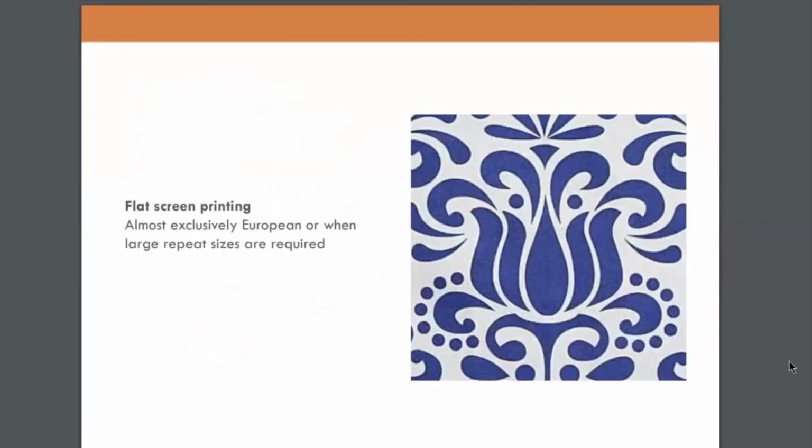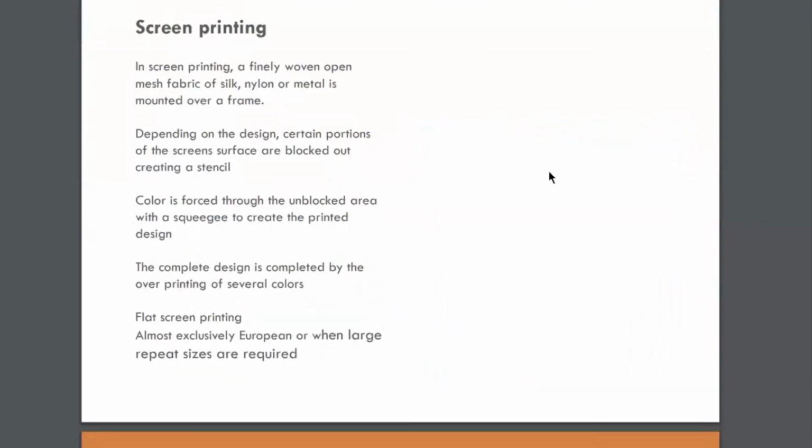So screen printing, and I lost my image here. In screen printing, a finely woven mesh fabric of silk, nylon, or metal is mounted over a frame. Depending on the design, certain portions of the screen surfaces are blocked out. So that's very similar to what we've seen by hand, right, in that early example.